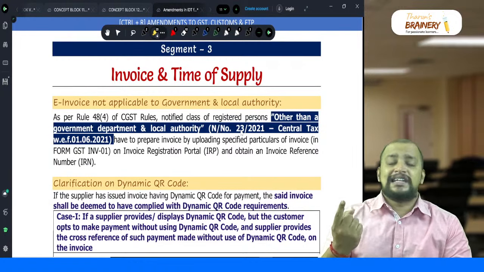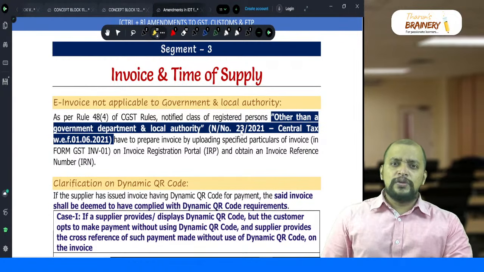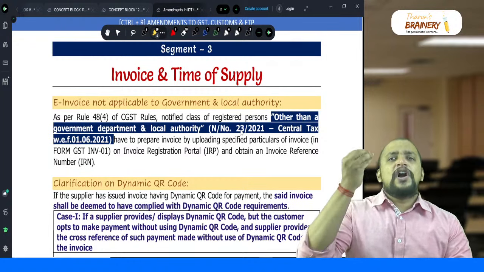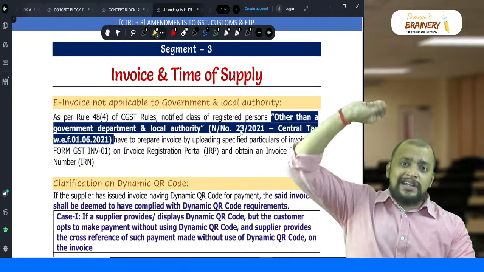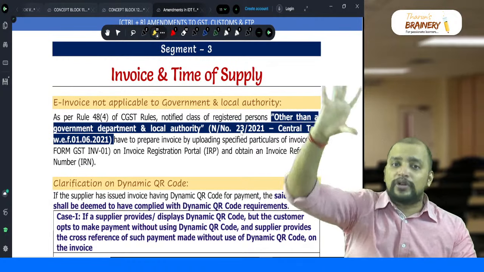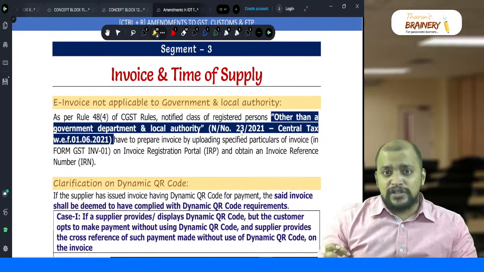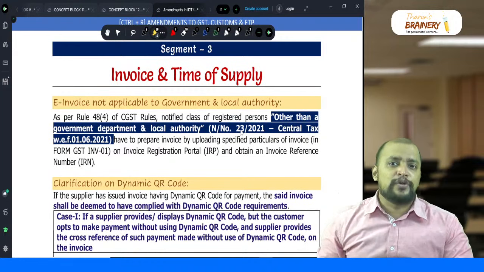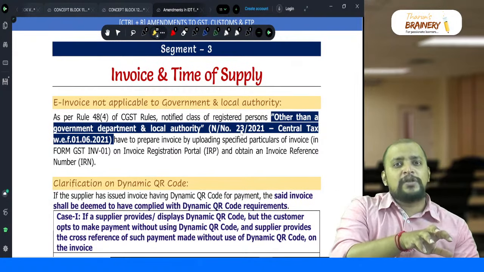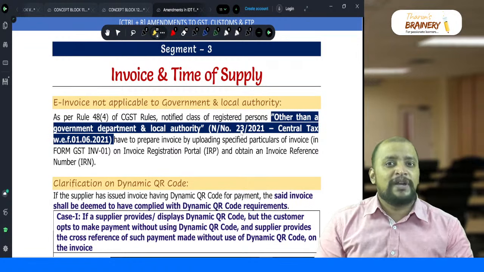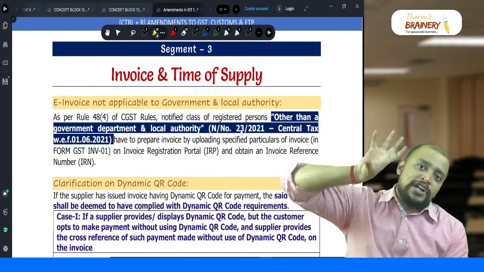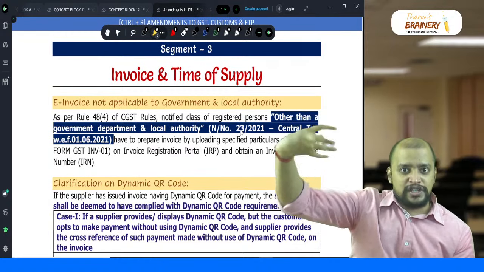Number 1, validity we have seen. Number 2, what is this e-invoice? Simple. Your normal invoice, you will put it in the invoice registration portal. There is a government portal, the invoice registration portal. You need to convert your normal invoice into a machine readable format called .json, and you need to upload it into the invoice registration portal.